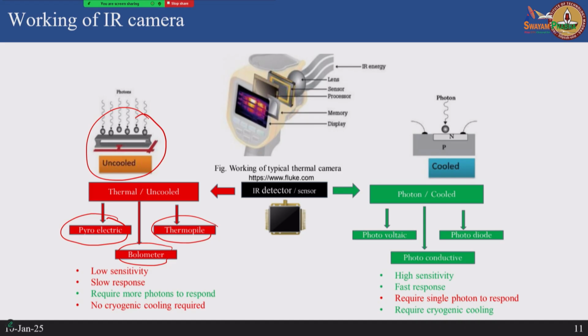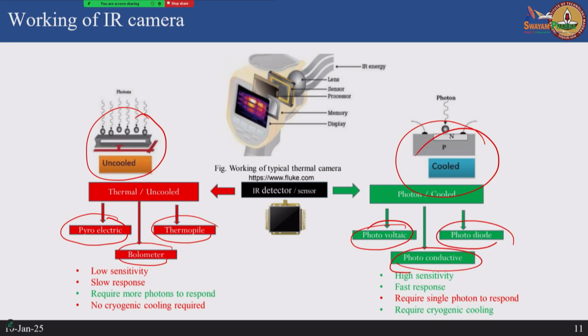Once you go to very high speed, fast response cameras, they are all cooled cameras, and cooled cameras are mostly based on semiconductor devices. There are different types: photovoltaic, where when light or emission strikes them they can produce some current, then photoconductive principles, and then photodiodes.